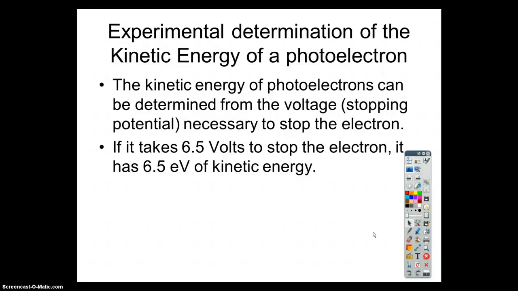So if it takes 6.5 volts to stop an electron, we know that it has 6.5 eV of kinetic energy. Remember that these are typically negative because we're talking about slowing down the electron. So we're using energy to slow it down. That's why we have the negative. It doesn't really mean that it's got a negative value. It just means that's the direction we're trying to impart onto the electron.